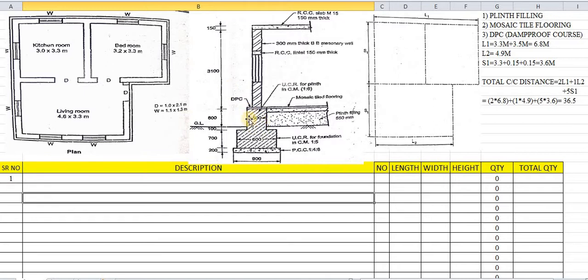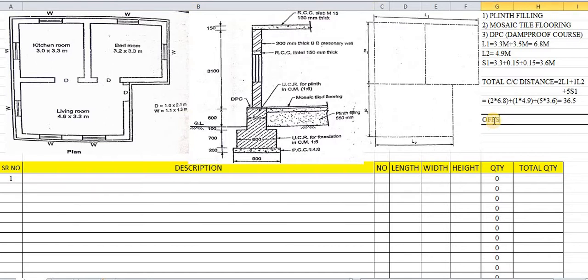That means this 500 is the second step UCR width. And what is the width of masonry? Here the width of masonry is 300. That means 500 minus 300 is the distance. And as it has two offsets, inner and outer, it has to be divided by 2. So here I am writing down the offset.